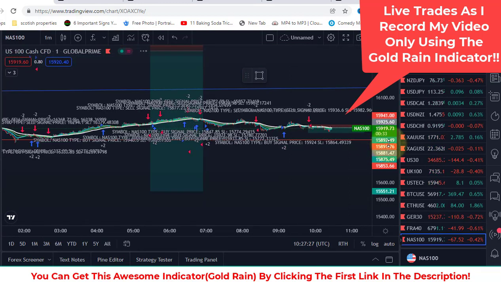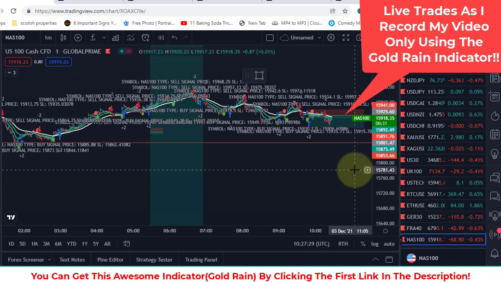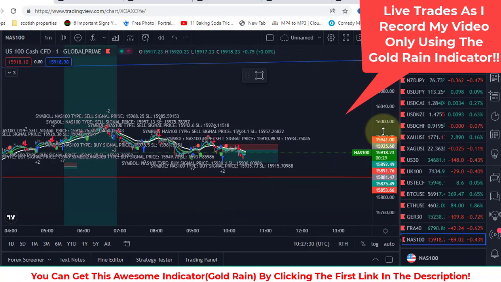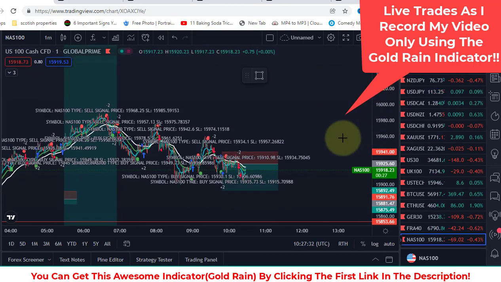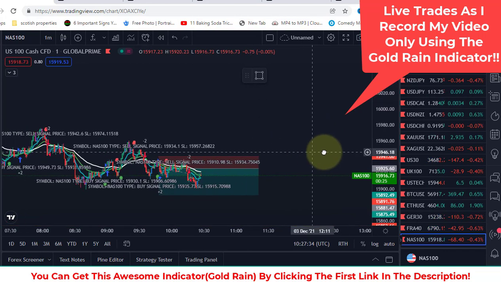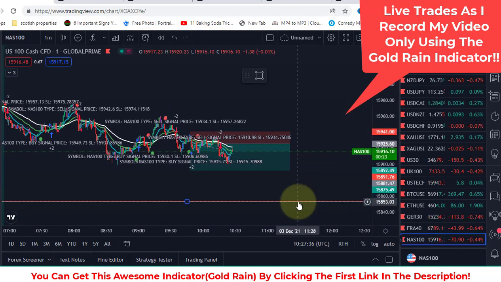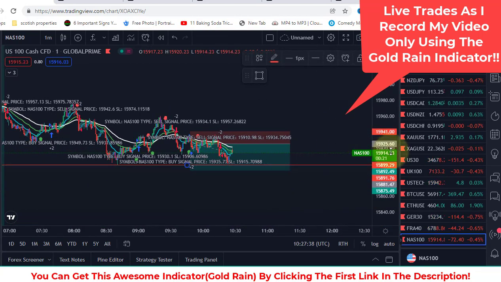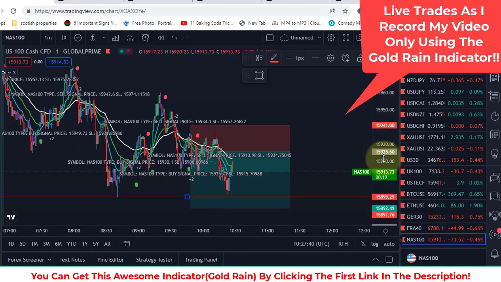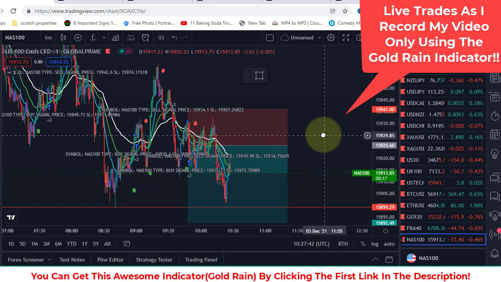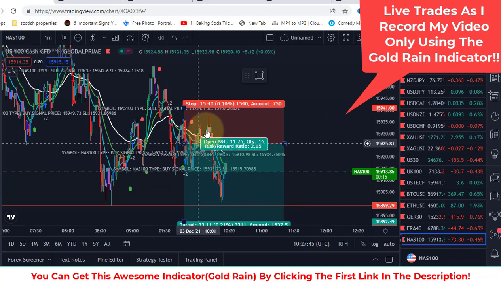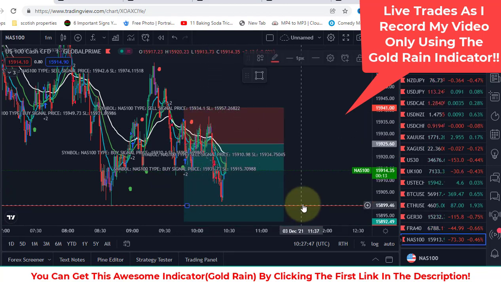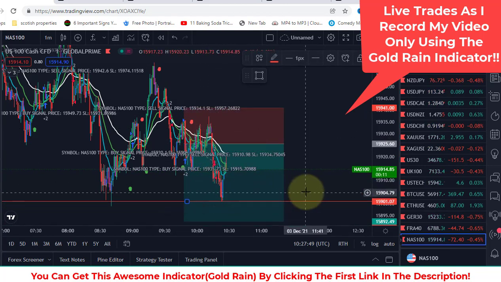Even here, let me take it back to where we were. Remember, guys, you have to trade your stop loss, whatever trade strategy or indicator you use, however you trade. You need to trade your stop loss, really. So we were in profit for this much, weren't we? We went slightly into drawdown, but we could catch this bit.